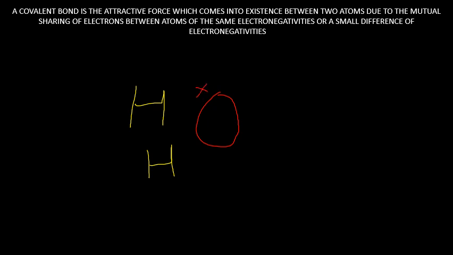So I'm going to go ahead and draw the six electrons of the outermost shell of oxygen right here. That's 6 for you. And one dot for hydrogen right there. So they share their electrons like this.